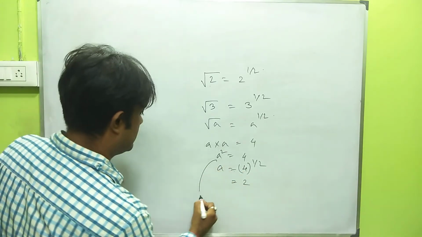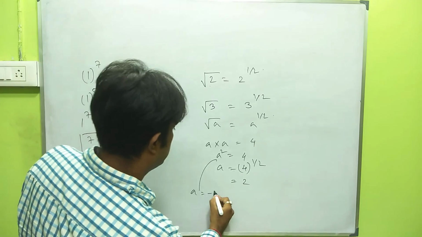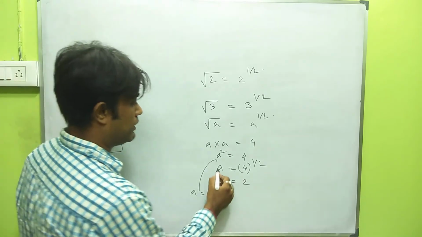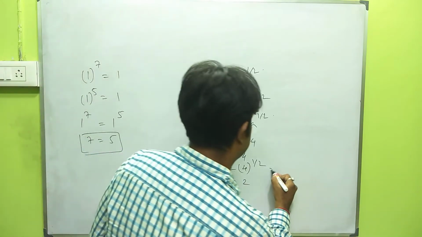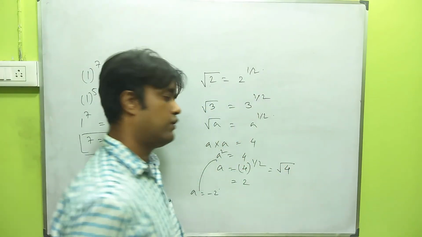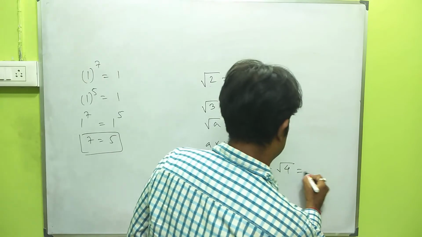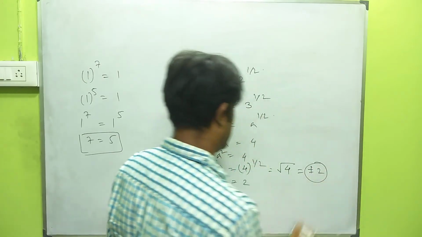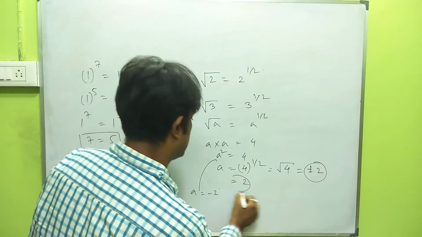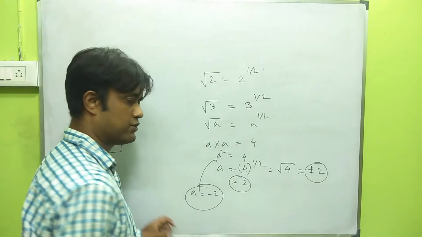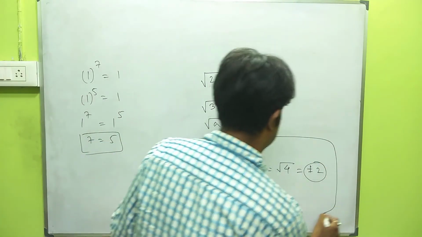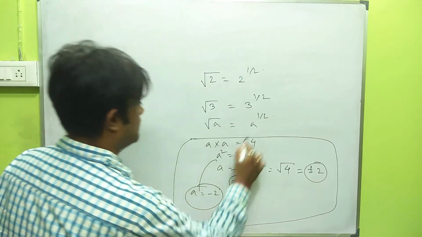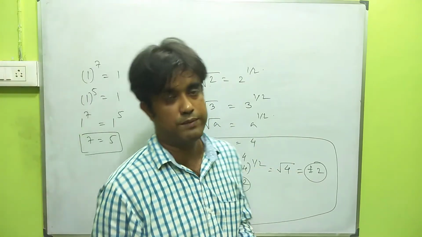Or a is equal to minus 2 also. 4 to the power half means root over 4. And this means plus minus 2. That is, a is equal to 2 or a is equal to minus 2. So square root means you already go through this square root concept.